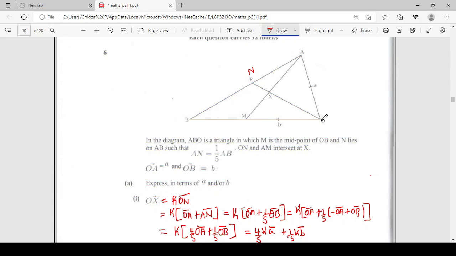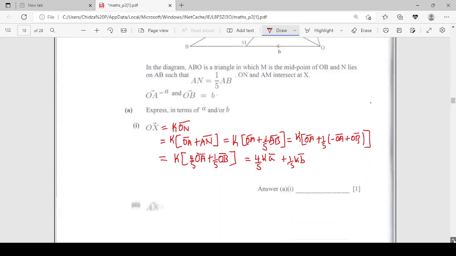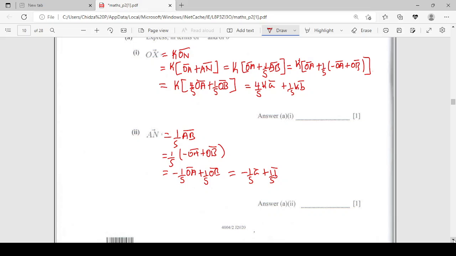That's why you put minus. We're saying this is the minus direction, the opposite direction to OA. And when you get to O, you then go in the direction of OB. So you then substitute that here and replace OA with small letter a and OB with small letter b, and this is what you'll get for your answer for AN.